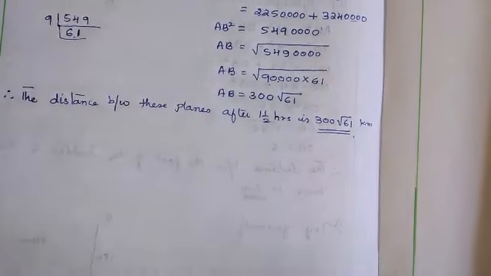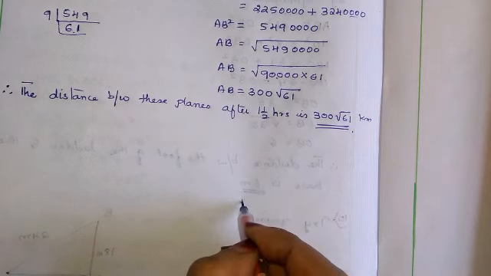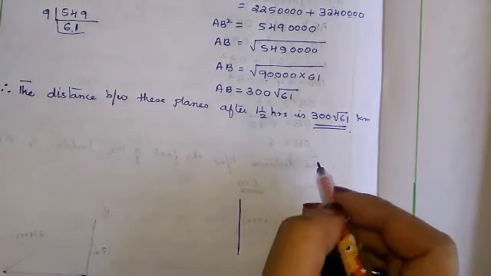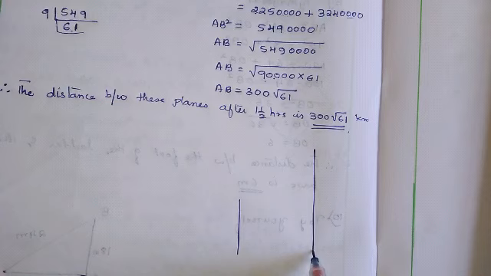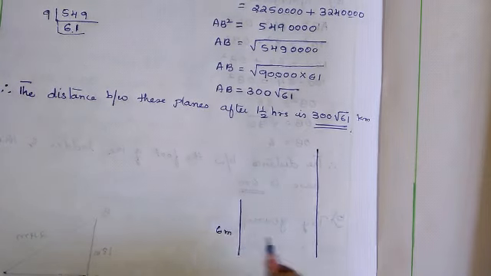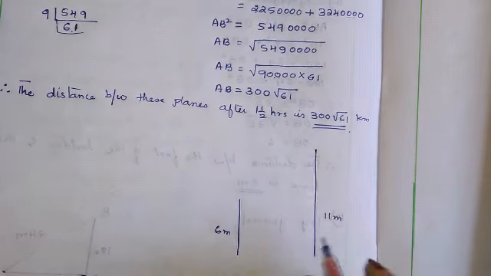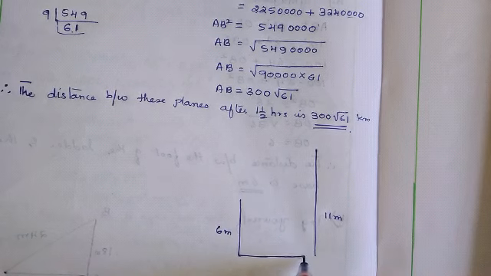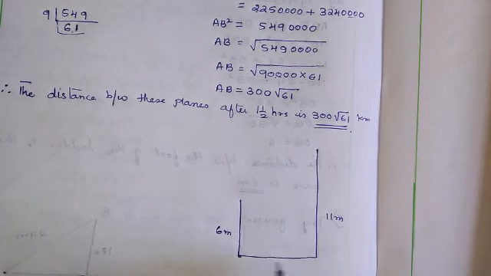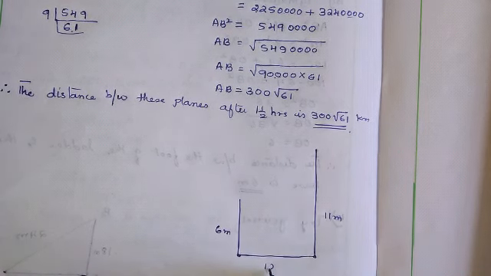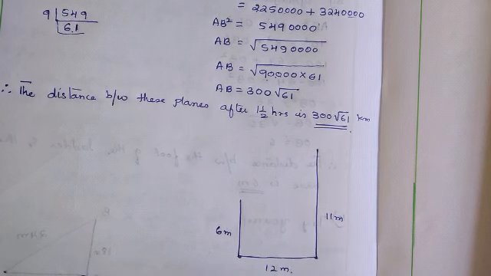Two poles they have told. I'll draw one pole and a second pole. One is 6 meter and one more is 11 meter. They stand on the ground. They have told the distance between the feet of the two poles is 12 meter. Find the distance between their tops.